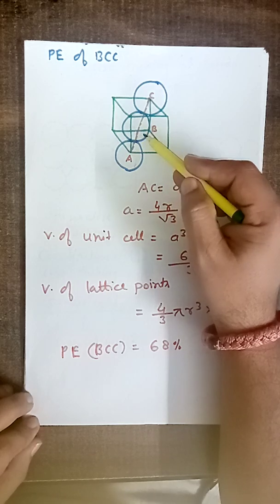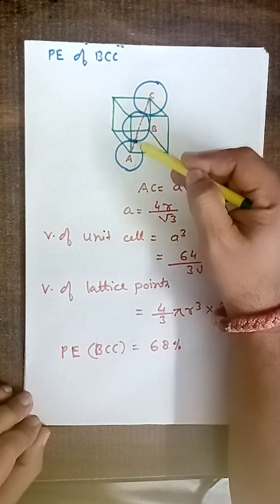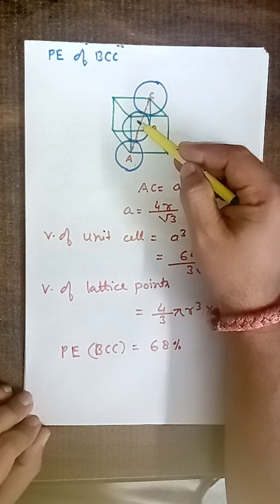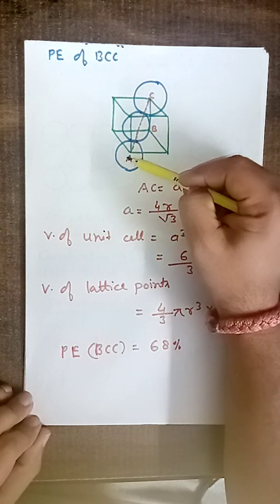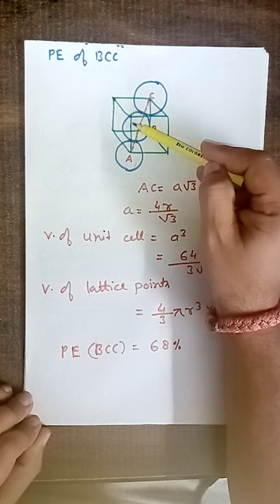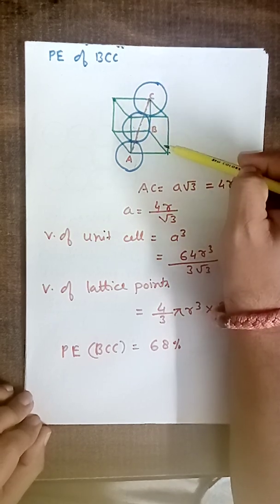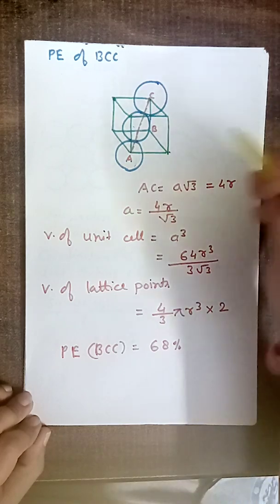You can also say that particles placed at body diagonal position are in contact with each other. These are three particles you can see here. They are at body diagonal position and they are in contact with each other. Similarly, the particle placed here at this corner, at center, and at this corner, they are also in contact. So all the particles placed at body diagonal position are in contact here.